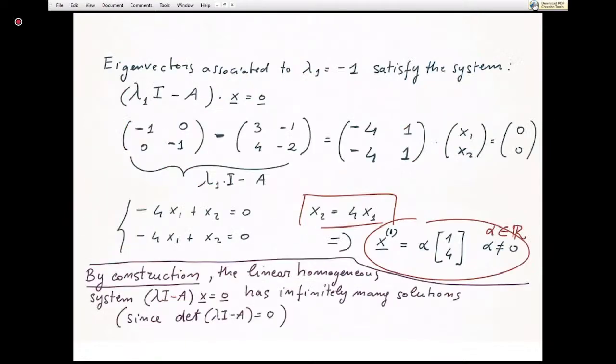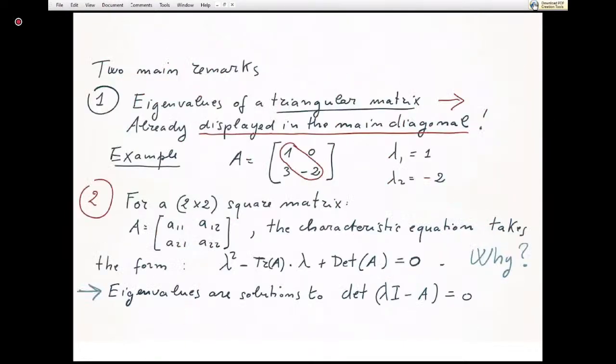The proof is very easy. It's in the last two slides, but I don't explain it today. I will explain it next time because it's strictly related to the solution to our systems of differential equations, okay?